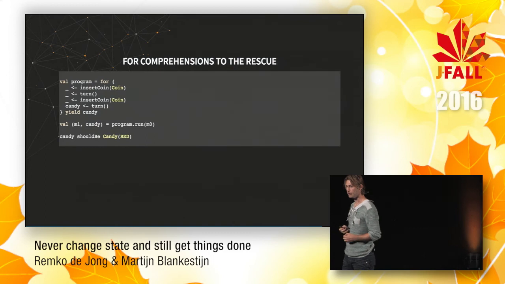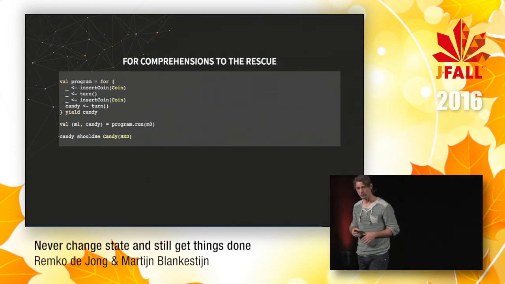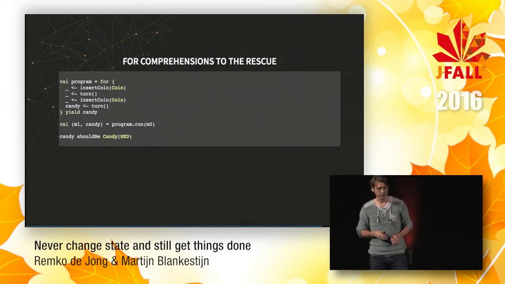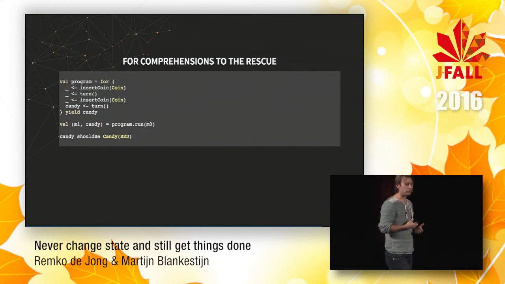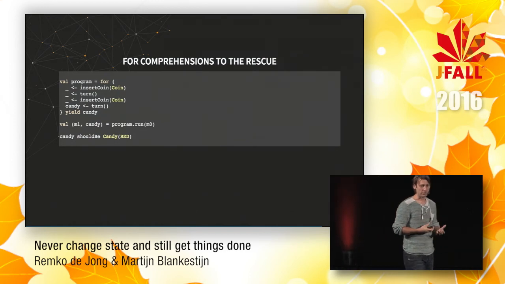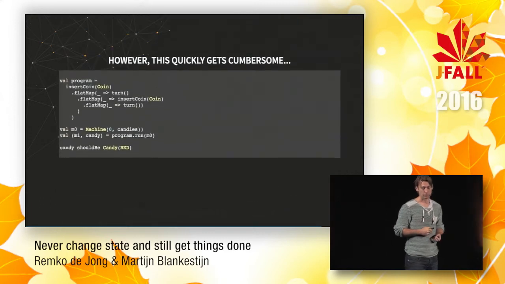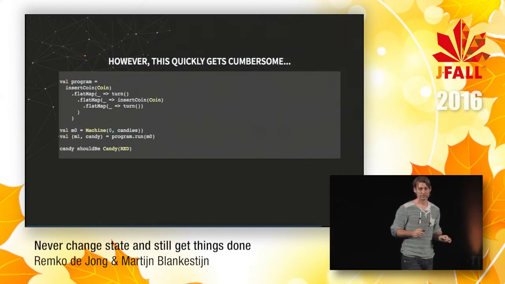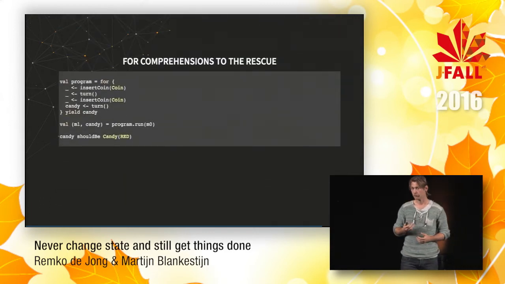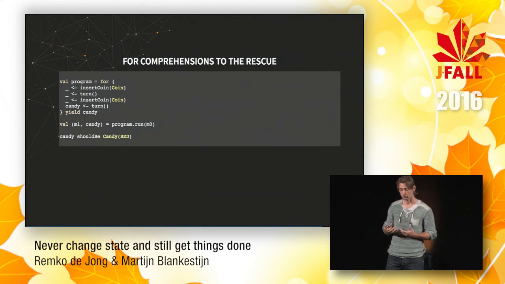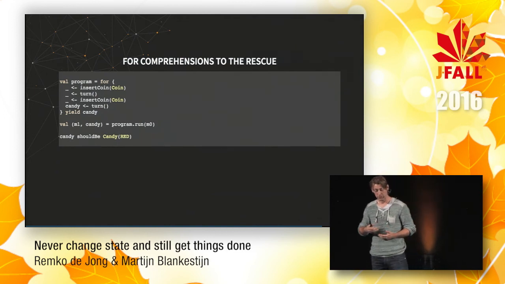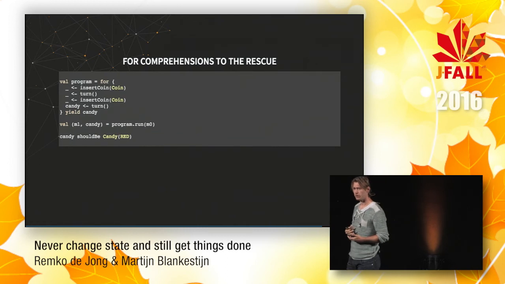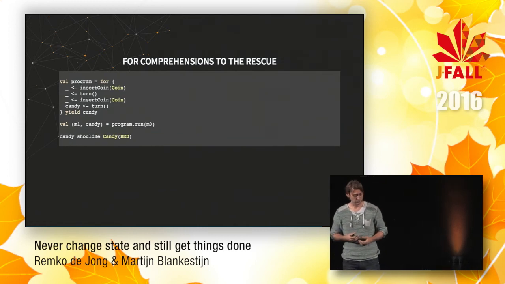Not to be confused with regular for loops in Java. These are a completely different beast. But as you can see, this should be a lot more readable than the previous slide. It does exactly the same thing. It's just syntactic sugar, so you can understand it a little bit better. So it almost looks like imperative code, right?